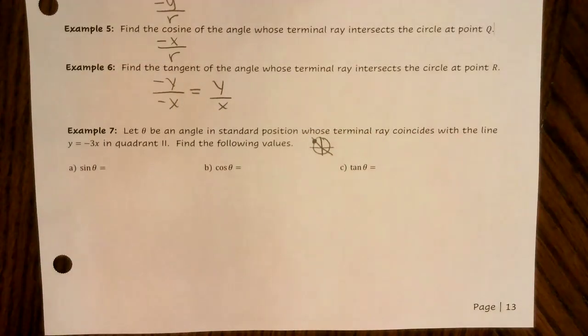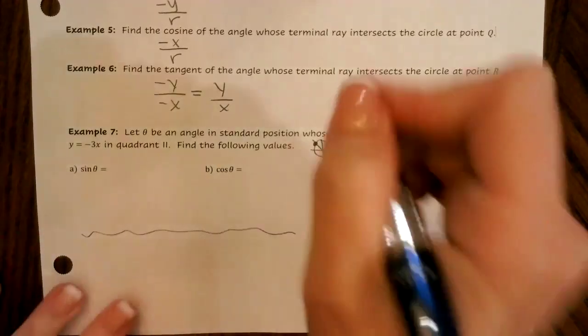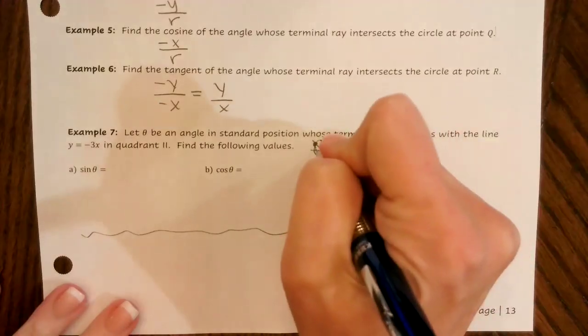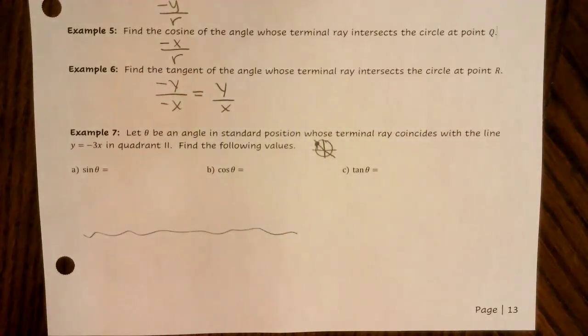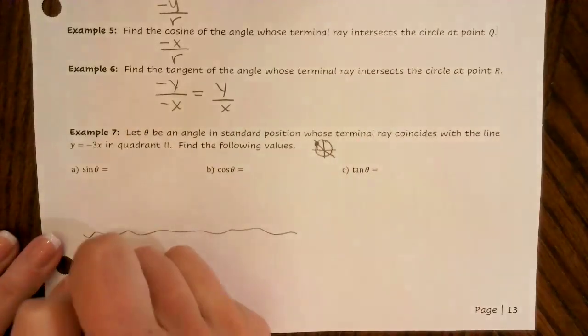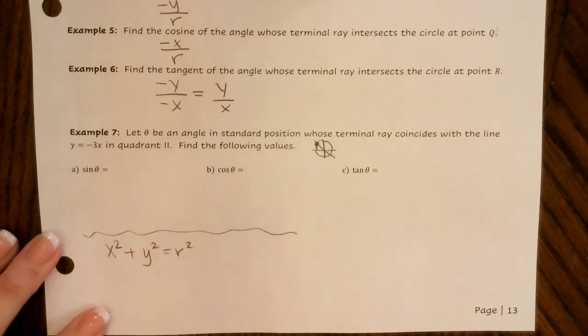Okay, so I'm going to put a little small note down here so we can think about some things. So we've created a right triangle right here by finding that vertical displacement and the horizontal displacement. Since it is a right triangle, we know the Pythagorean theorem, that's x squared plus y squared equals r squared.